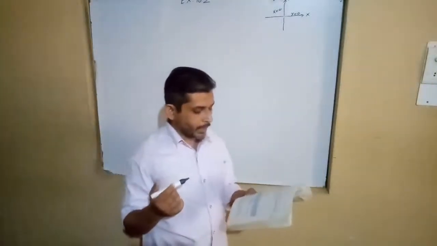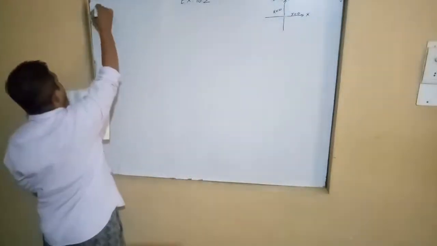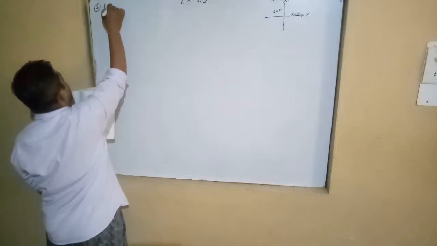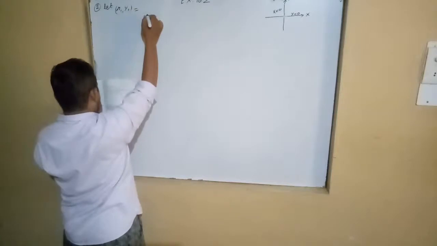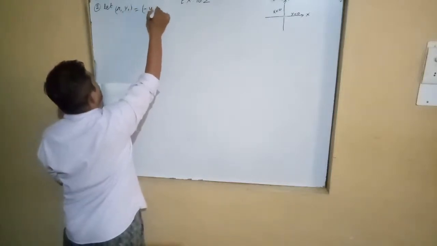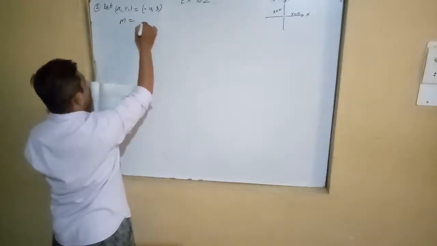Now look at the second question. We have to find the equation of the line which passes through a point. Let x1, y1 be minus 4, 3, and the slope m is given as 1 by 2.